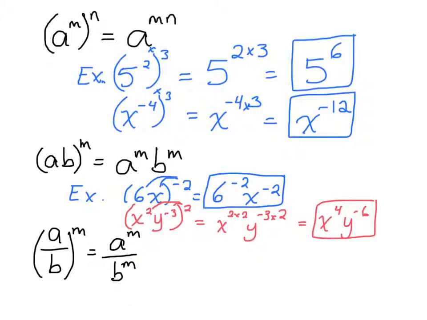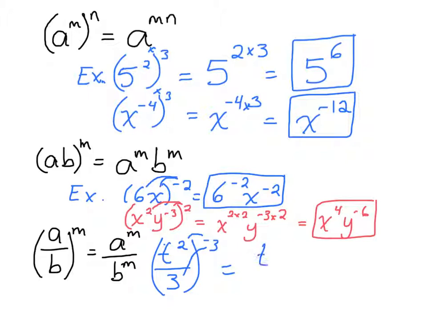For an example here, we'll just do one. We could have t squared divided by 3, and that's raised to the power of negative 3. To simplify that, let's bring the negative 3 into each exponent in the brackets and multiply them.